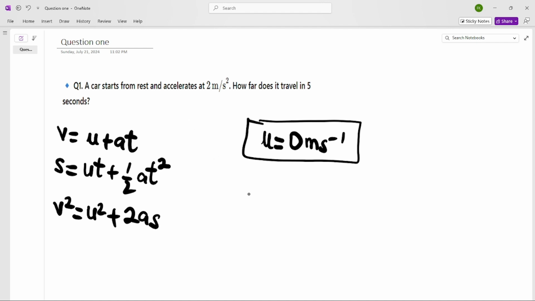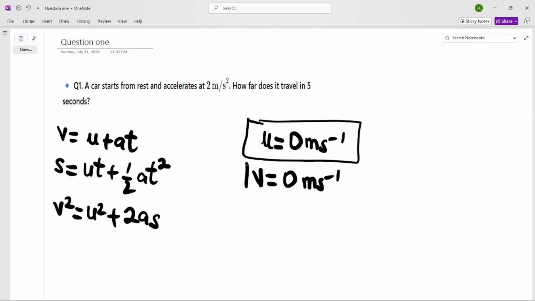Another term is the body comes to rest. The body starts from rest, that's initial velocity is 0. But the body comes to rest means that the final velocity v is equal to 0 meters per second.